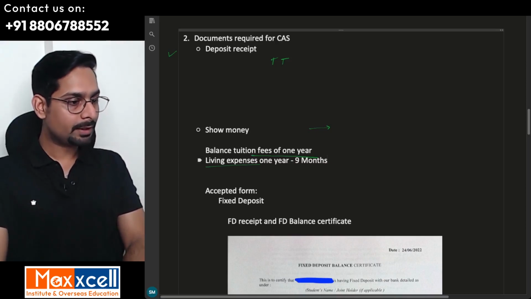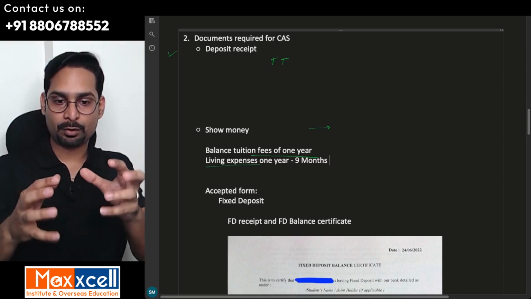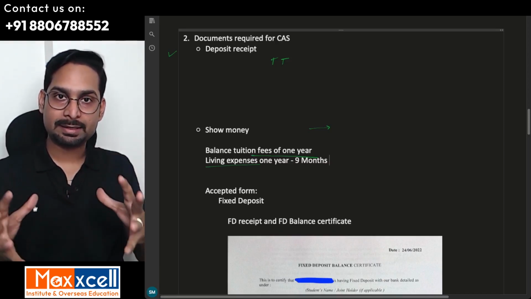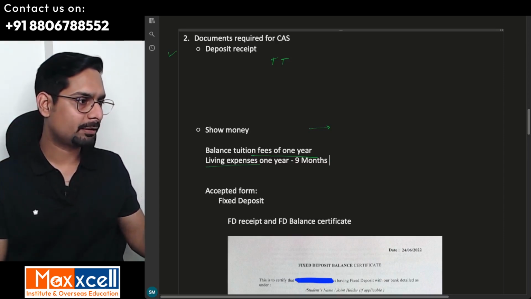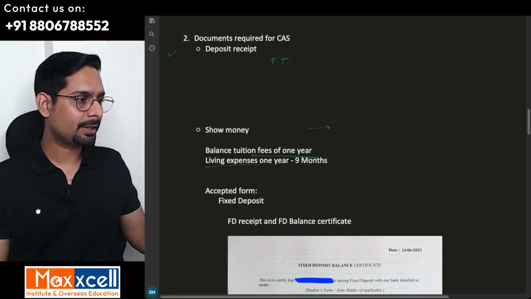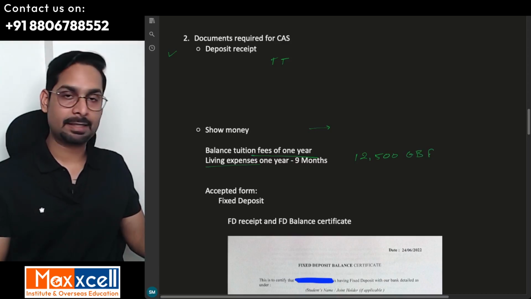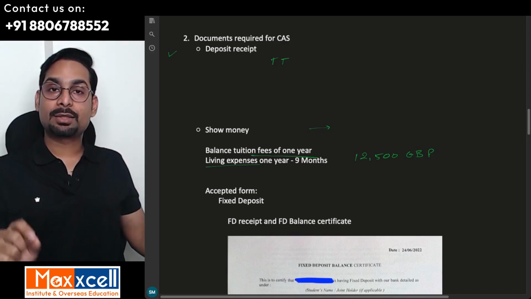Now this living expenses differ depending on the location of your university. If it is in and around London, then the living expenses are approximately, not exact, 12,500 pounds. This data is as of March 2023.